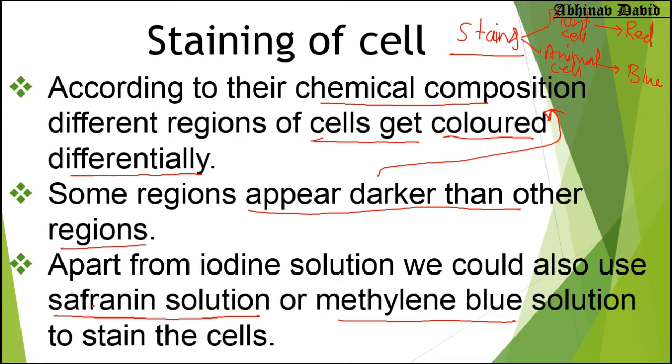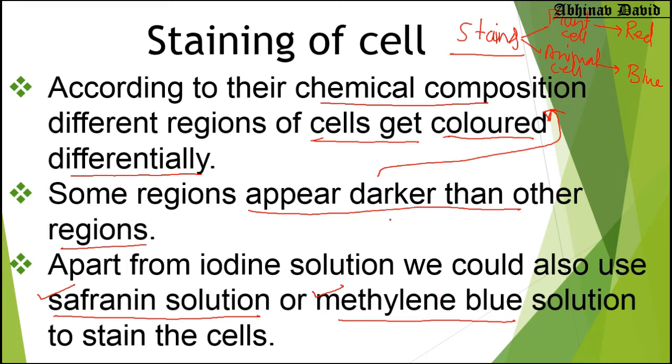Safranin is a stain, and methylene blue is a stain, which are used to color the cells, and then only the different regions of the cell are visible to us under the microscope. Otherwise we will not be able to see the different parts of the cell, not even the cell membrane, cell wall and nucleus, nothing can be seen.